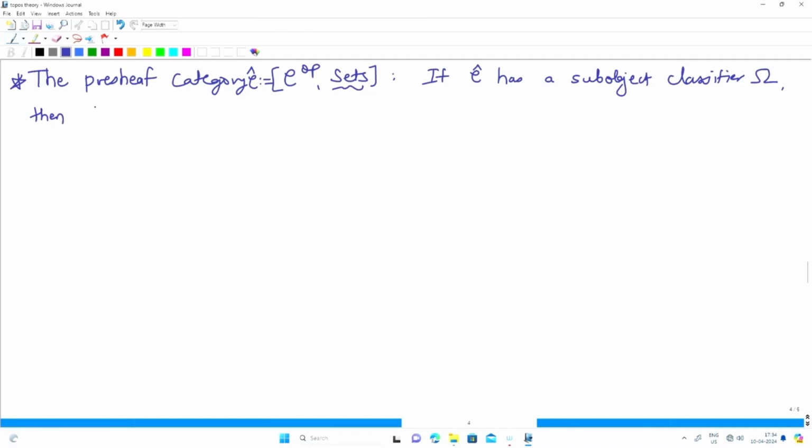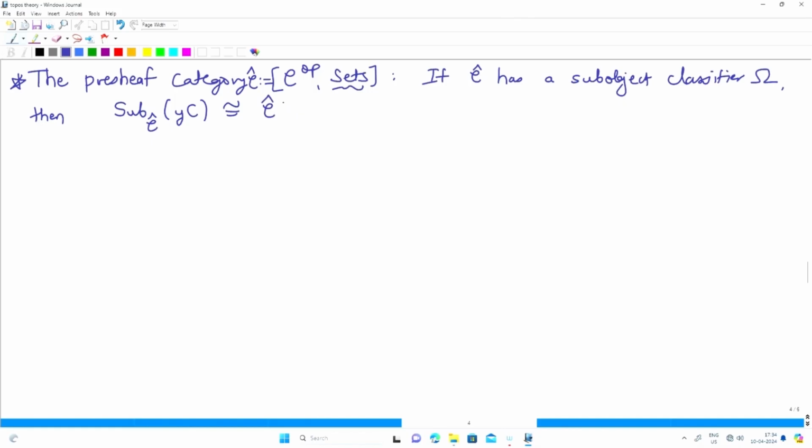We will only look at the representable functors first. Then Sub of YC, where Y is the Yoneda embedding and C is any object of C, will have to be isomorphic to what?